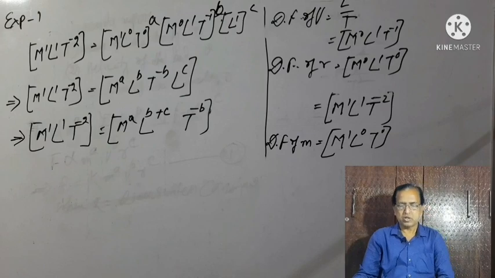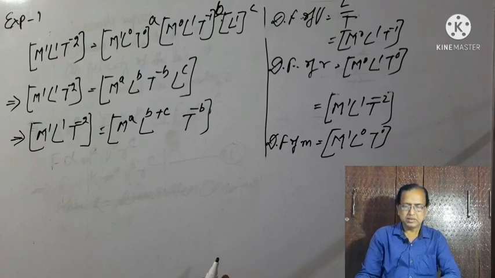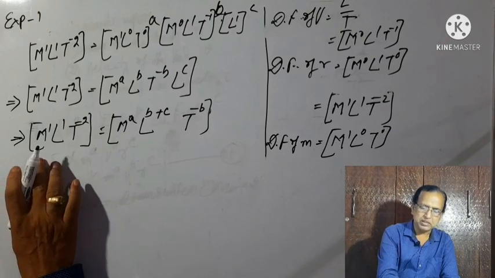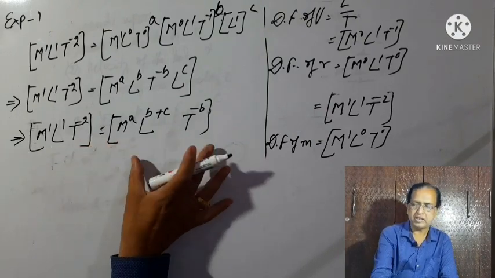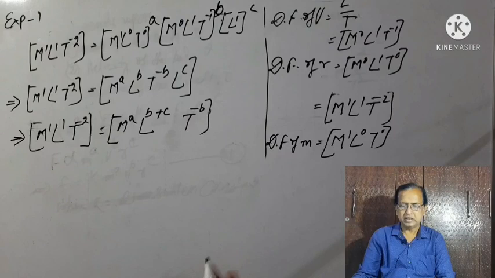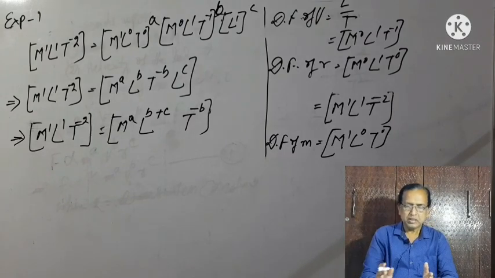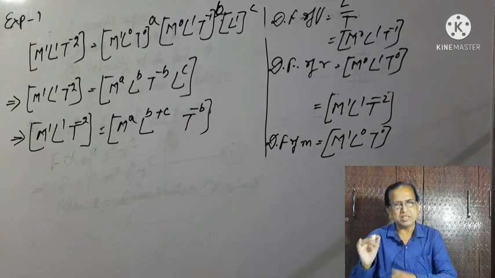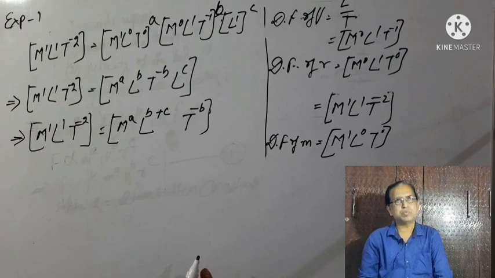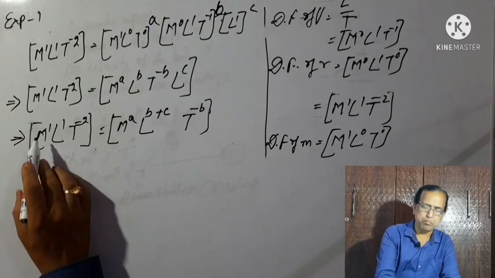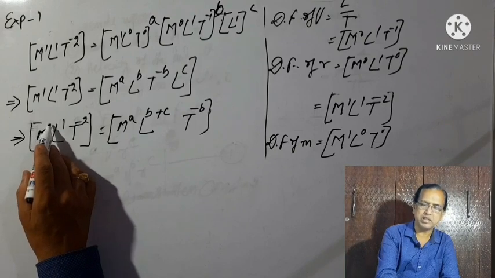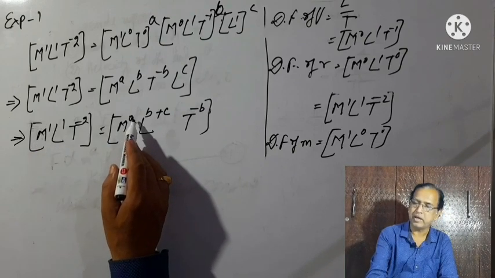This is the dimensional formula of force on one side. Taking their dimensions, this is the principle of homogeneity: the powers are equal. The mass, that is M1 on this side, is M to the power a on the other.